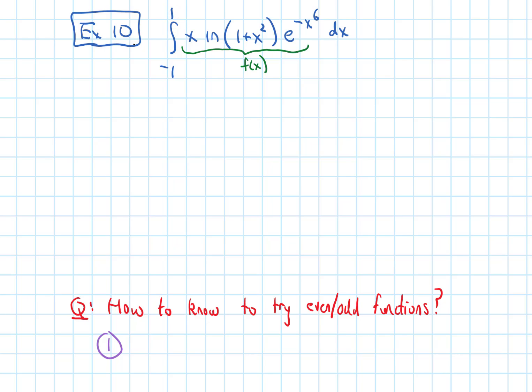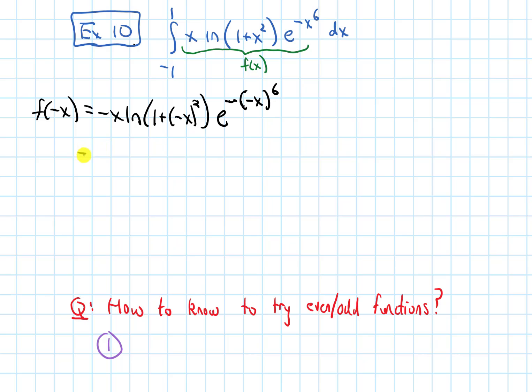Maybe that'll help me. Okay, so I'm going to try plugging in negative x into our function. So this x becomes a negative x, and then we'll get times ln of 1 plus negative x being squared, and then times e to the negative, and then I'll get negative x being raised to the 6th power.